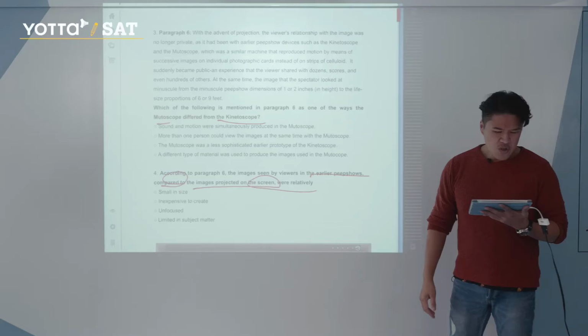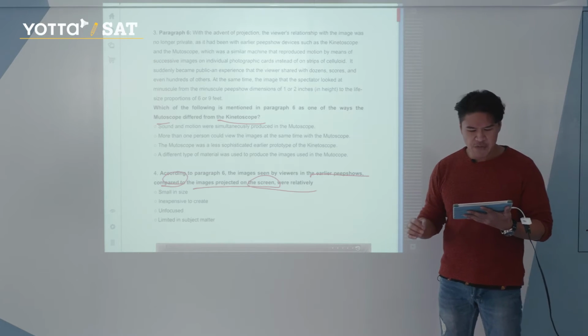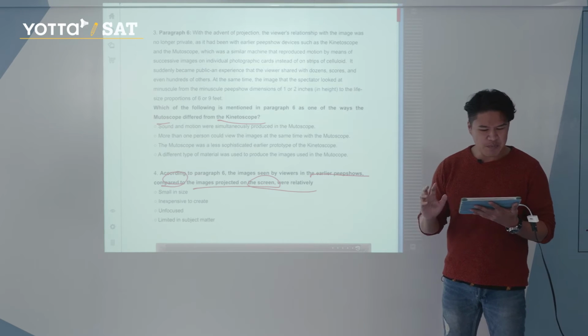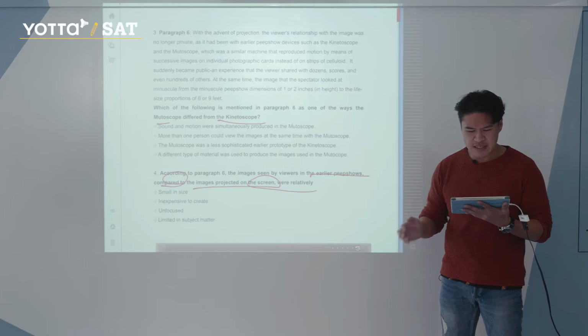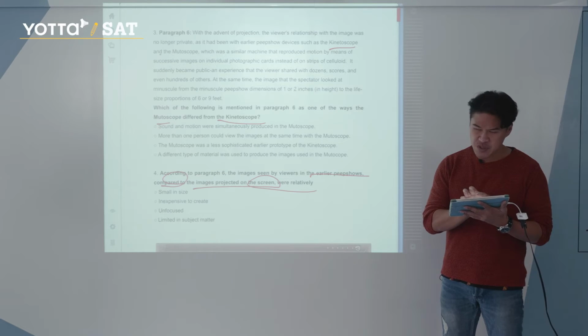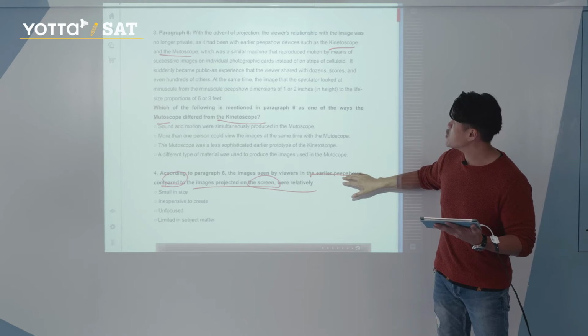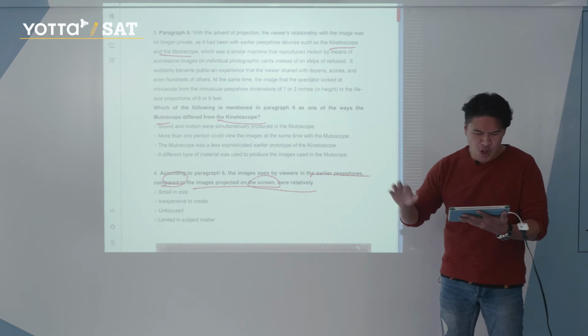So with the advent of projection, the viewer's relationship with the image was no longer private, as it had been with earlier peep show devices such as the kinetoscope and mutoscope. Our key words show up already. Peep show shows up already, so we've got to be alert.